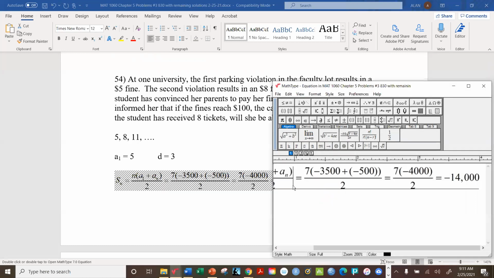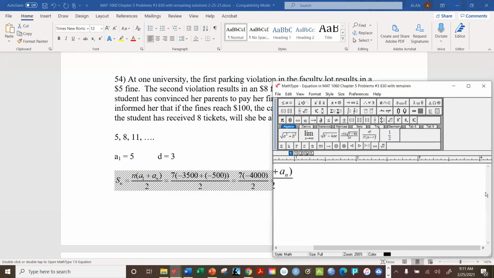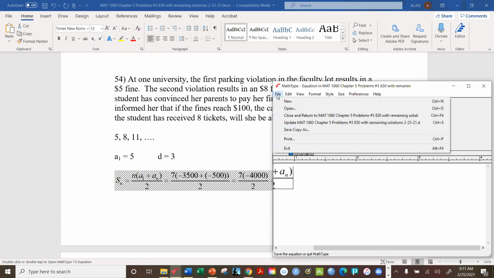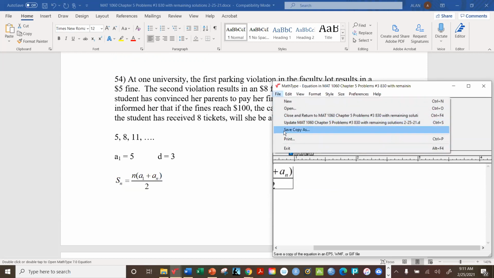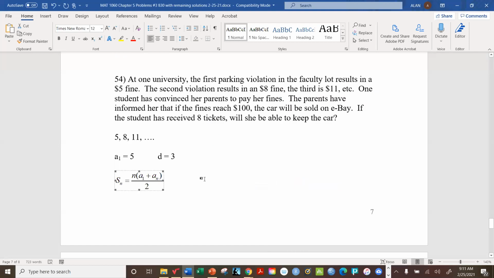So we can't just plug what we have directly into the formula, because we don't have this An term. So we need A8. She has 8 tickets.